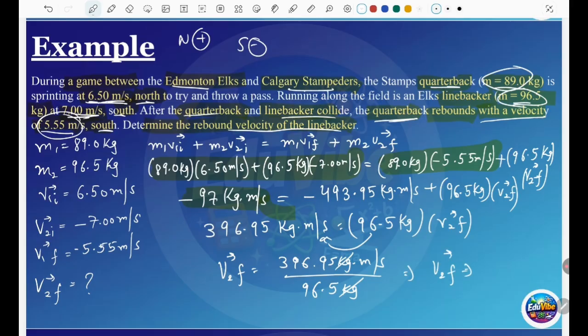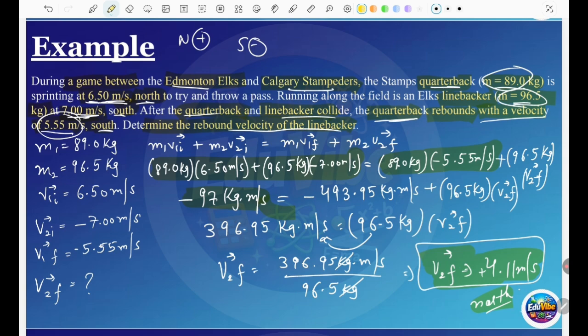When we divide, we get V2F of about 4.11 meters per second. This is positive, so it goes north. This means the rebound velocity of the linebacker is 4.11 meters per second north. So that's how you can deal with this.